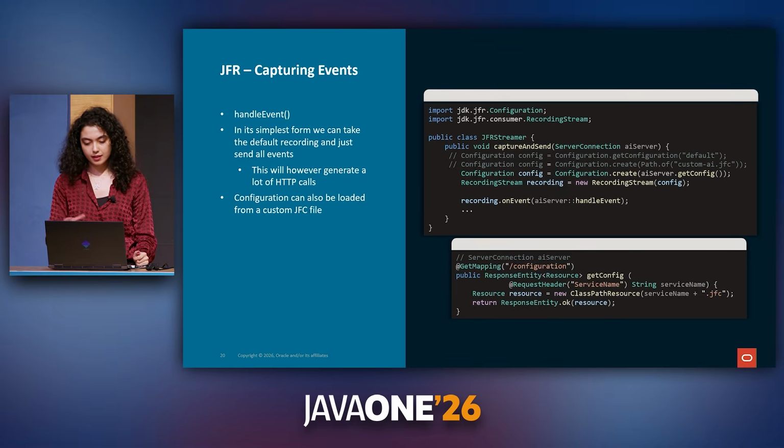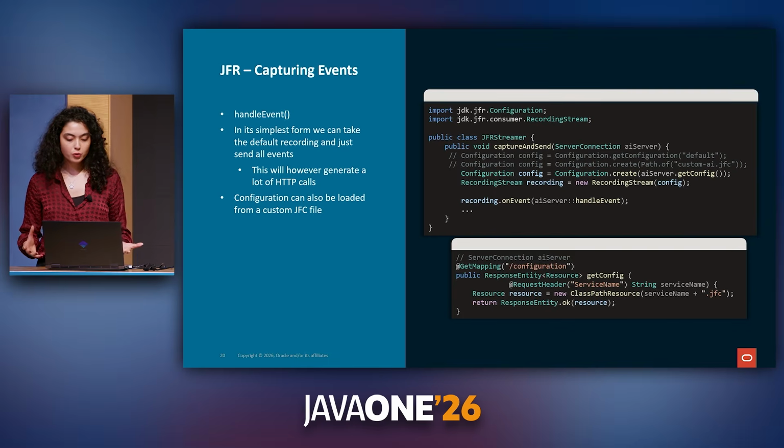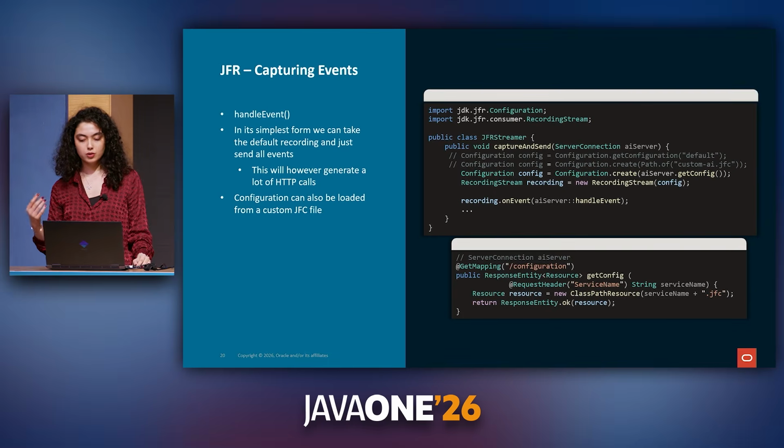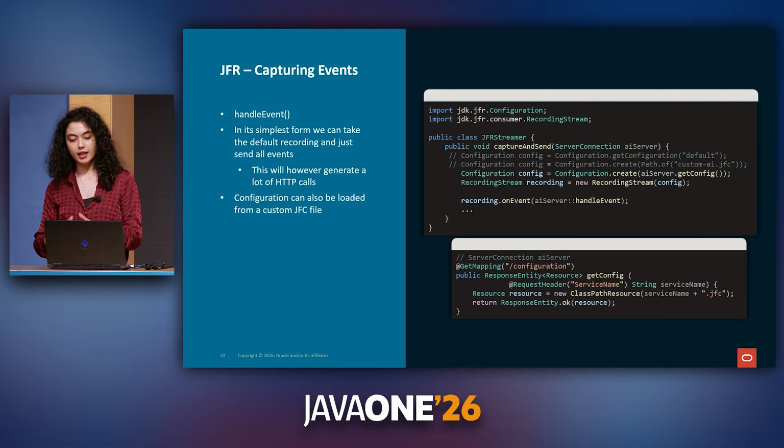And with this getConfig method that we define, we can expose the configuration to a configuration endpoint, and each microservice can fetch it during startup. And in the next section, we're going to use a Java agent to make this possible. And the response can be used in Configuration.create, and then we can create our recording stream.